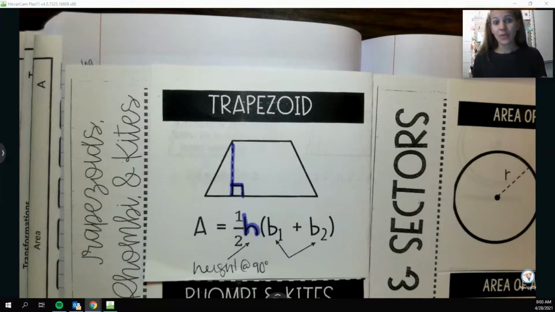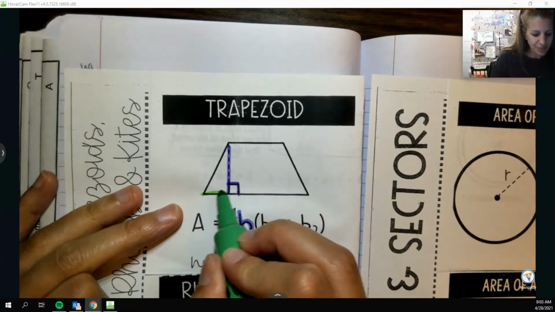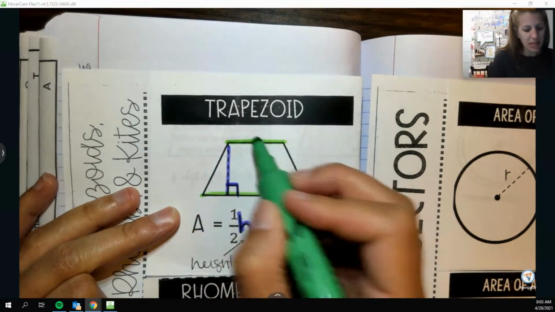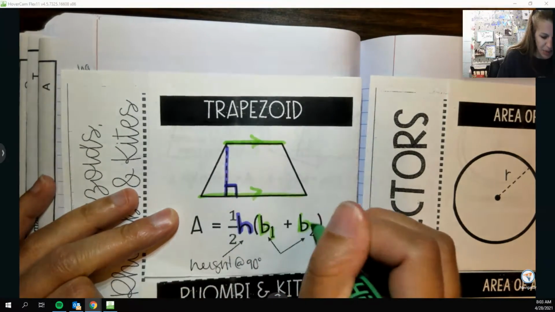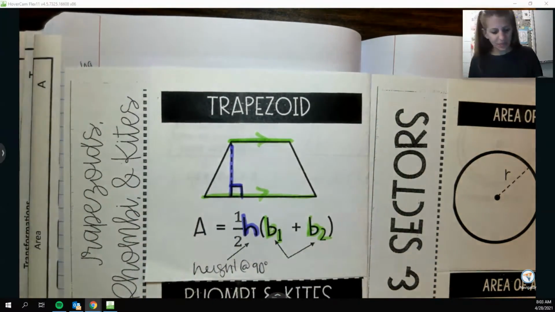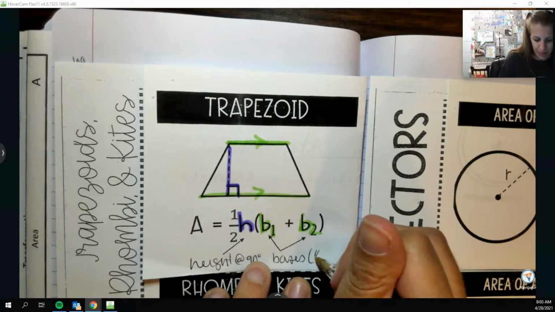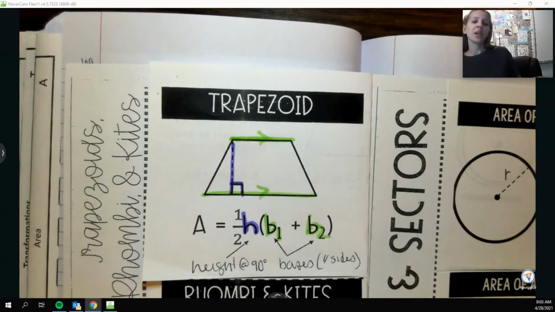What I need to do to find the area of a trapezoid is take that height, add up the two bases, which are always the parallel ones, and multiply. So bases, these are our parallel sides, always, always, okay?